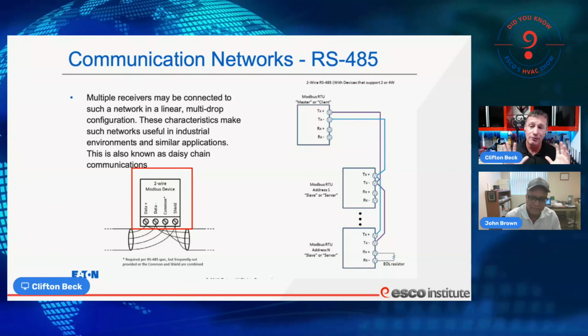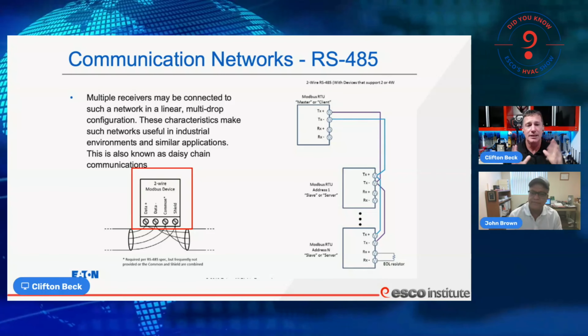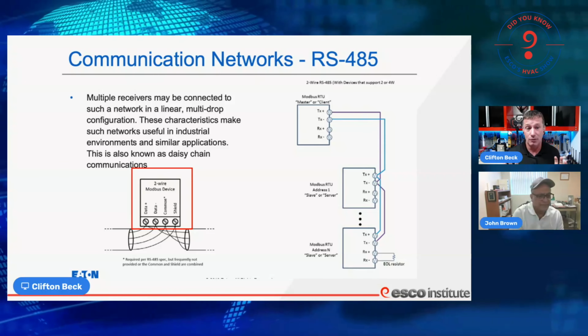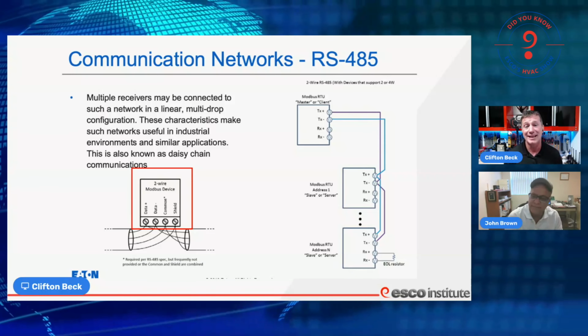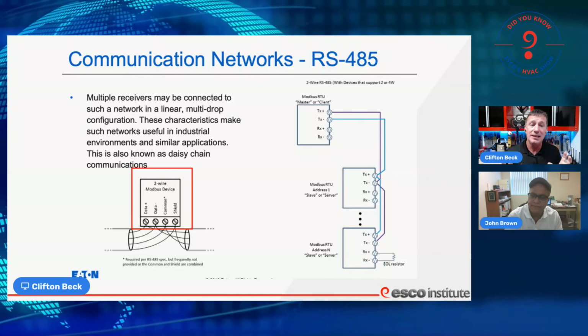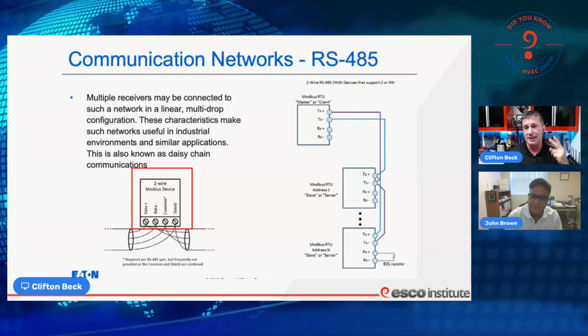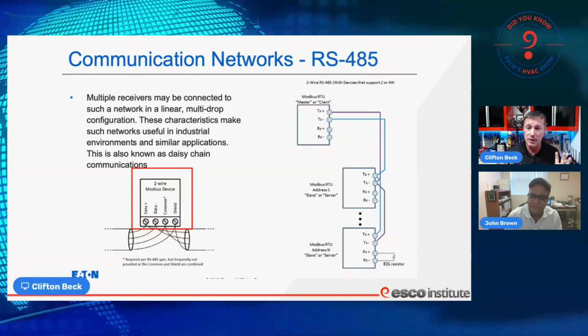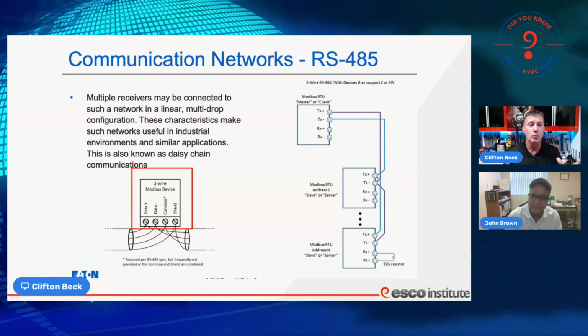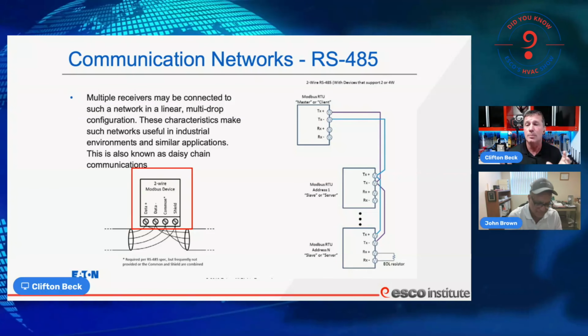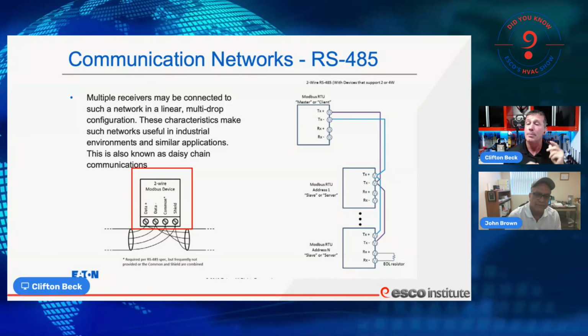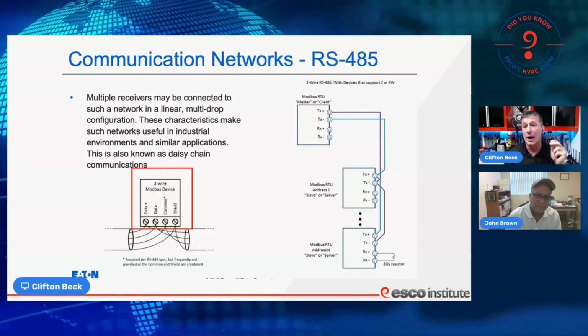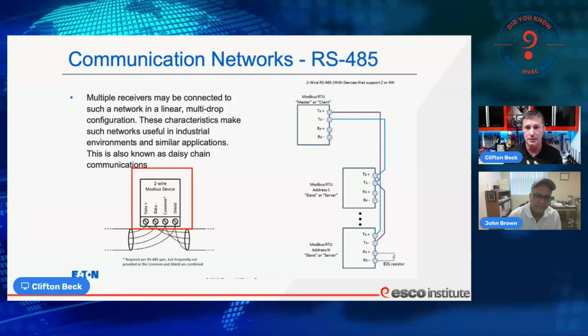This reference from Eaton tells us that the RS-485 system has been around for a very long time, developed back in the 1980s, and it's based on a 5-volt DC two-wire communicating system. It could be up to 4. Most of the time we're using 2 wires to develop that 5-volt DC signal, but it is in reference to a ground or a common landed ground.